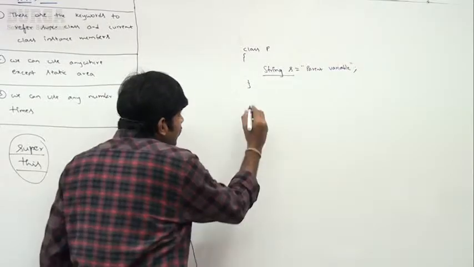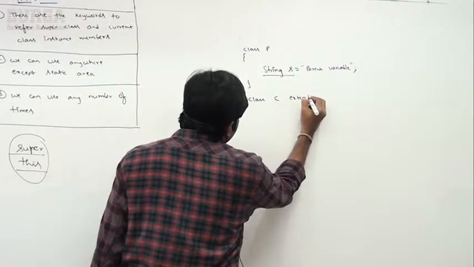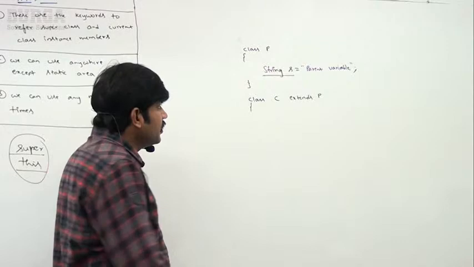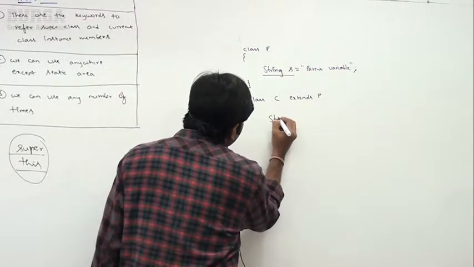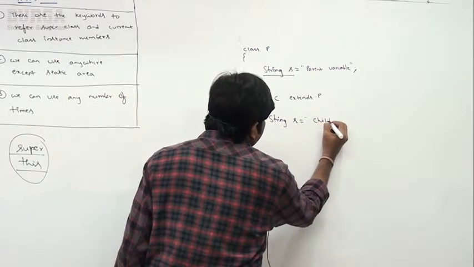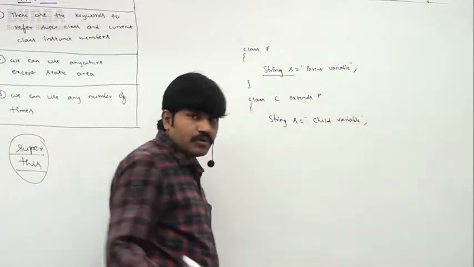So the parent class contains one instance variable. Now class C extends P, the child class. This child class also contains String s equal to child variable.